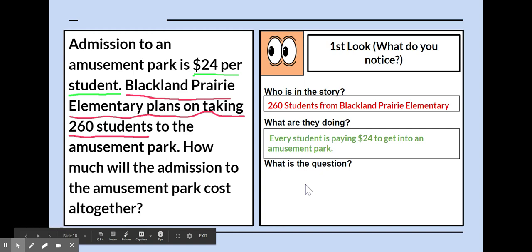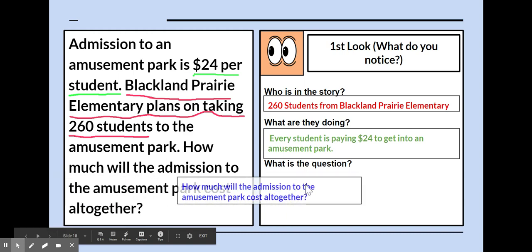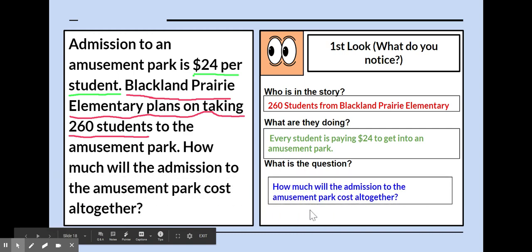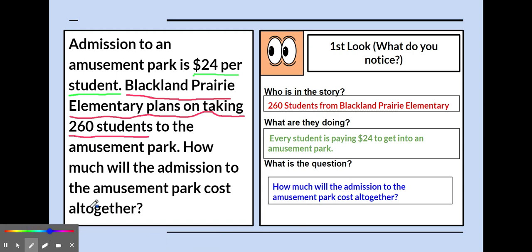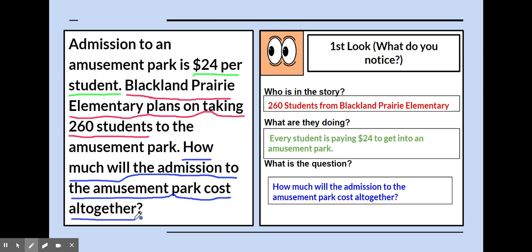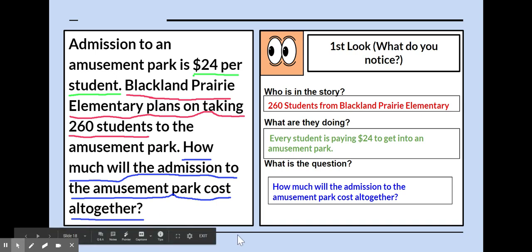What is the question we need to pull out of our story? How much will the admission to the amusement park cost altogether? That is our first read through or our first look.